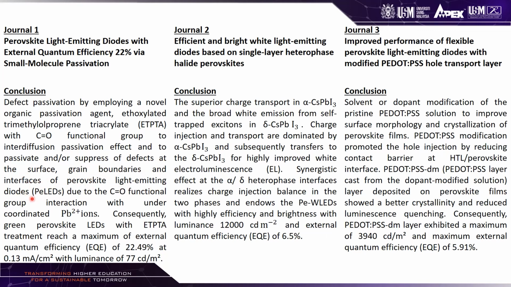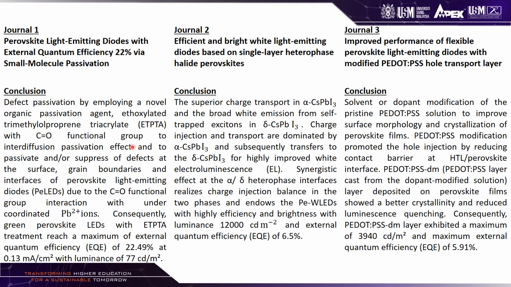Due to the C and O functional group interaction with undercoordinated lead ions, green perovskite LEDs with ETPTA treatment reach a maximum EQE of 22.49% at 0.13 mA per square centimeter with a luminance of 77 candela per square meter.